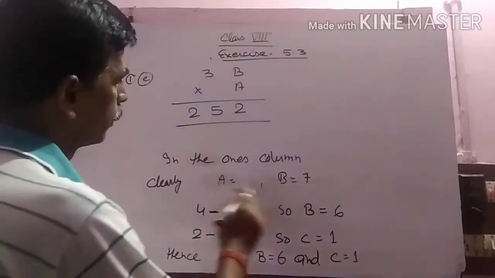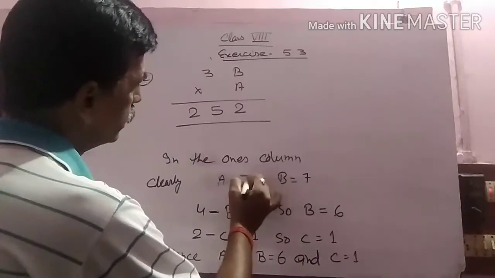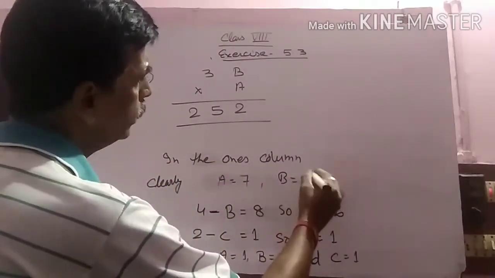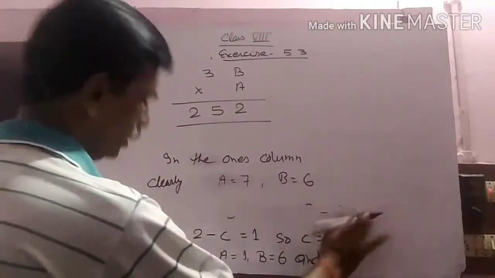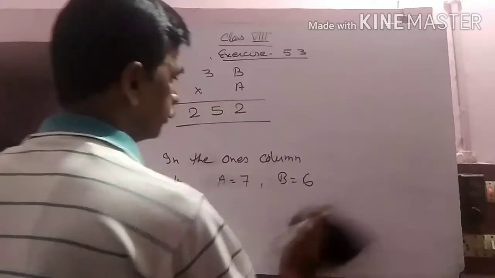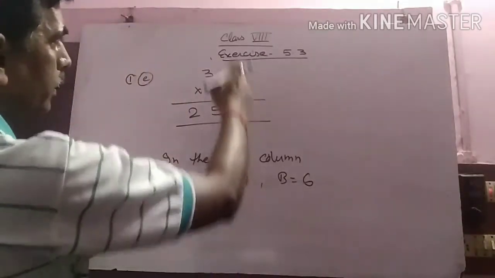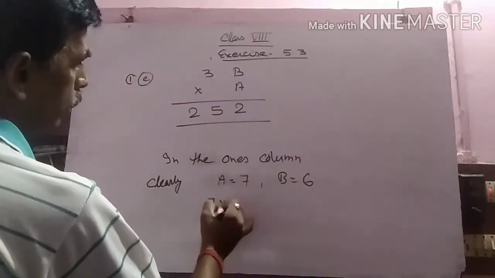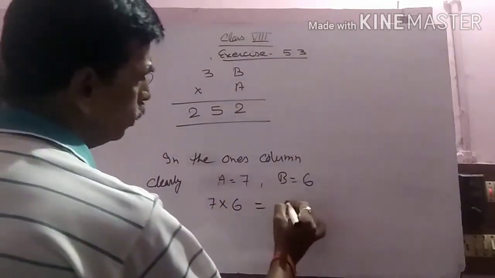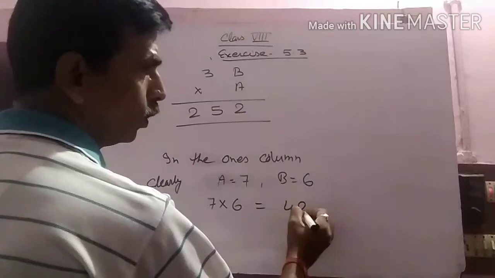Look here, A is 7, suppose we have taken, clearly A is 7 and B is 6. Then 7 into 6 is equal to 42.